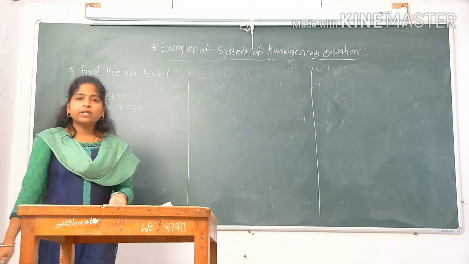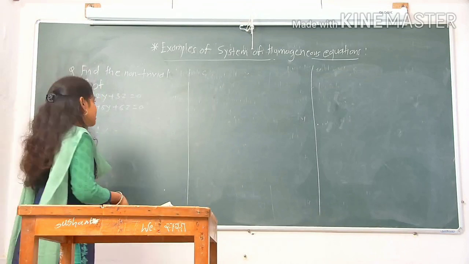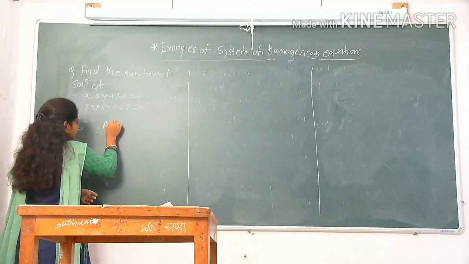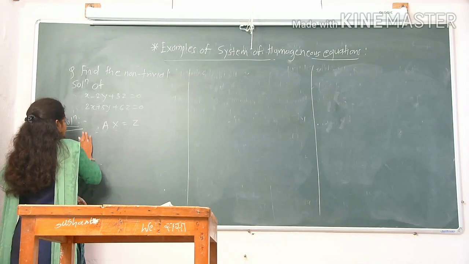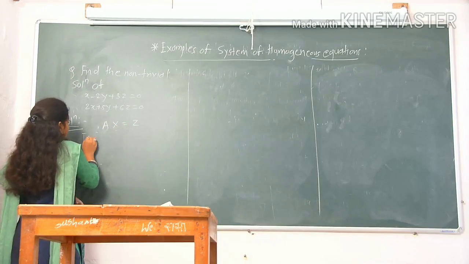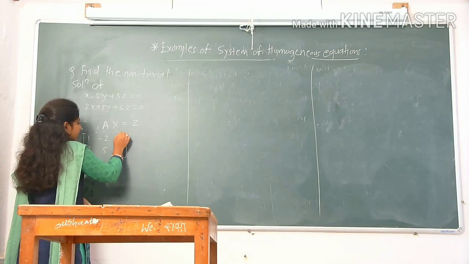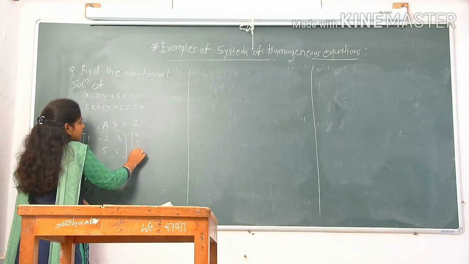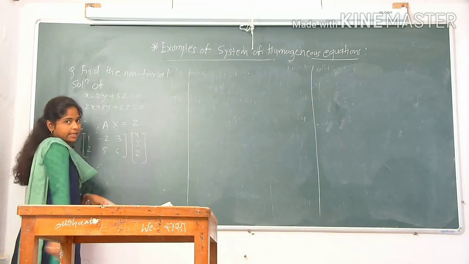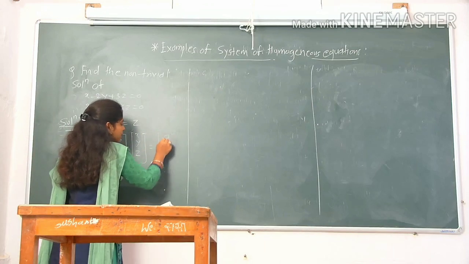Again, first we write this equation in the matrix form AX is equal to Z, where A is a matrix of coefficients 1, minus 2, 3, 2, 5, 6, X is the matrix of unknowns x, y, z, and Z is equal to the 0 matrix.